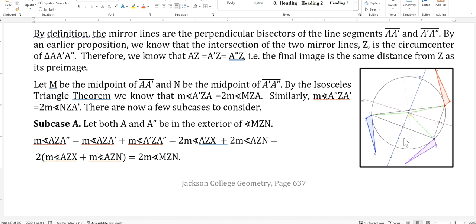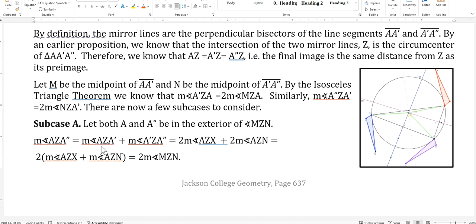We want to see how big that is. Now we know that we have a bunch of isosceles triangles here. So you can see in orange, this angle here, 91 degrees or so.